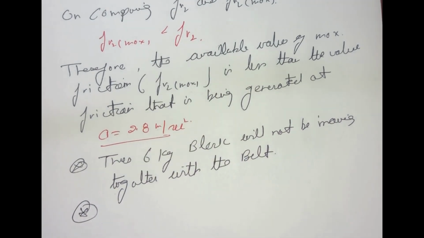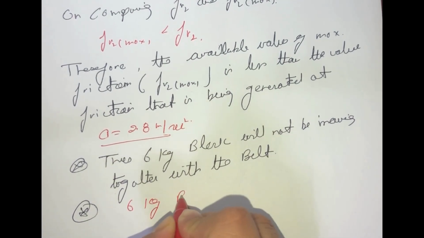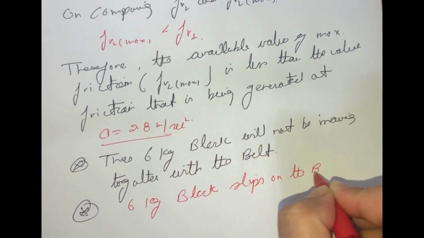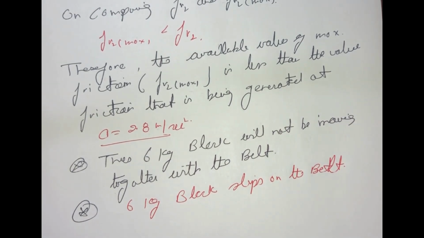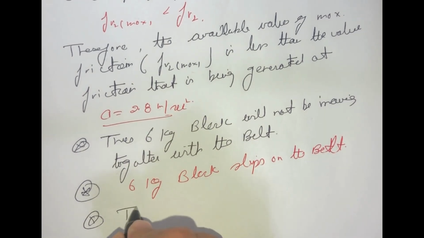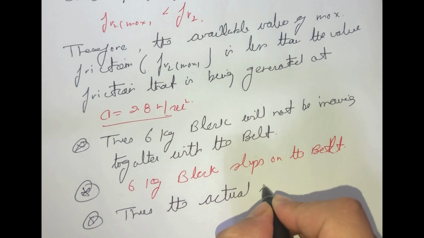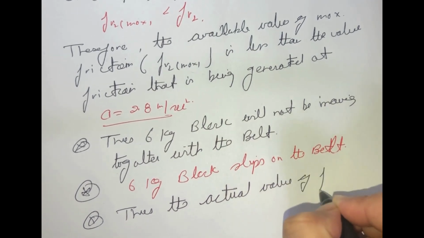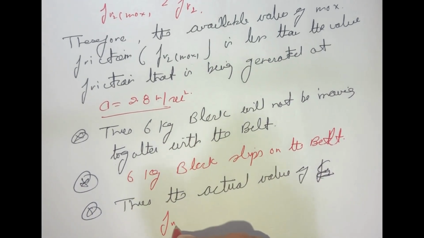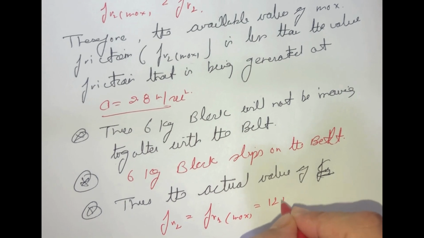From here we can say that the 6 kg block slips on the belt, and thus the actual value of FR2 will be equal to FR2 max, and that is equal to 12 Newton.